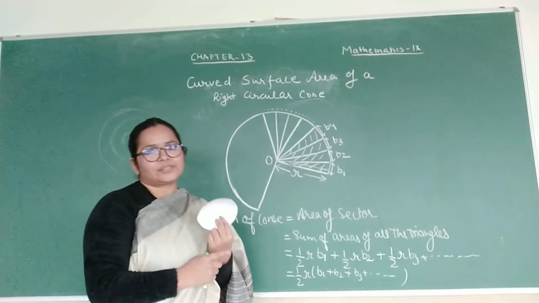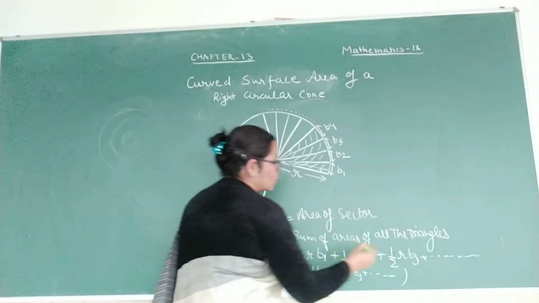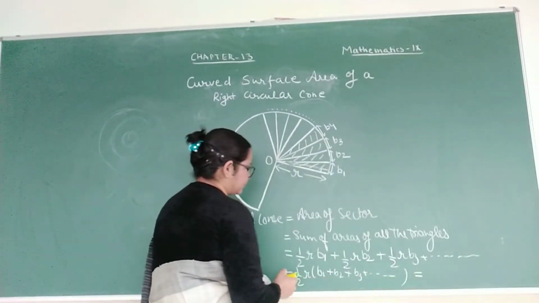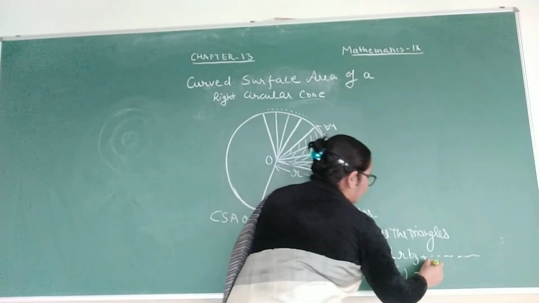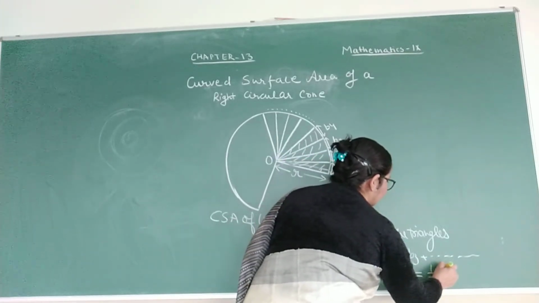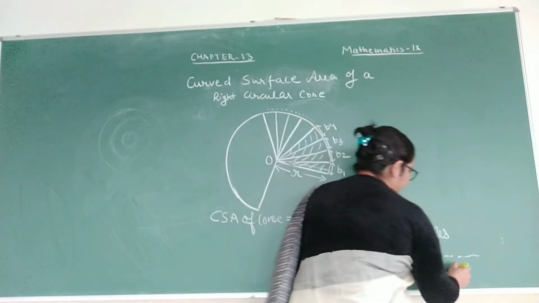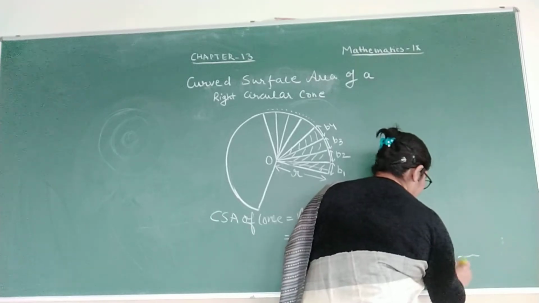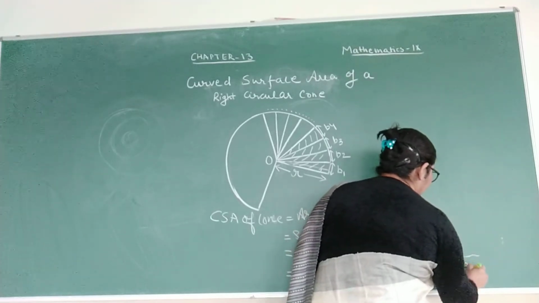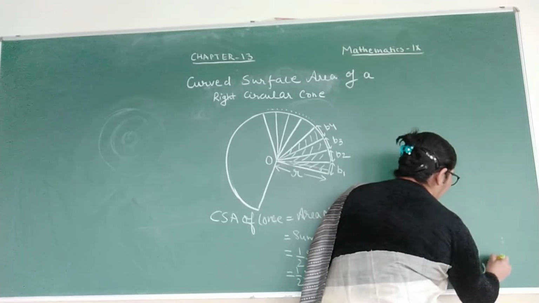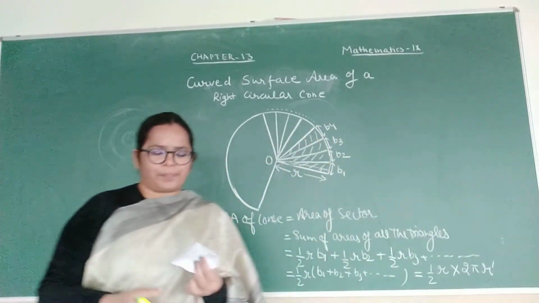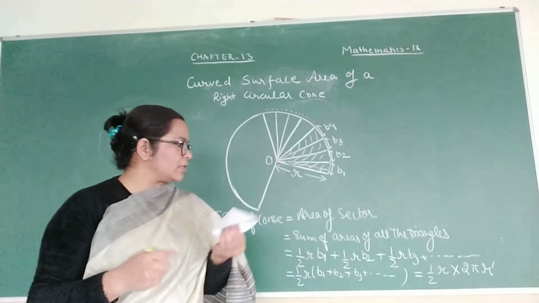And what is that? It is 2 pi r. So we can write it as half into r into 2 pi r dash. R dash depicts the radius of the base.